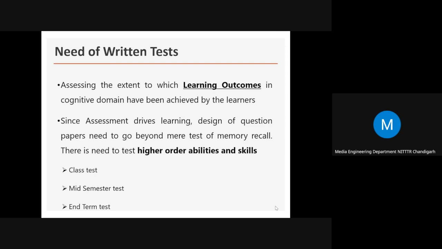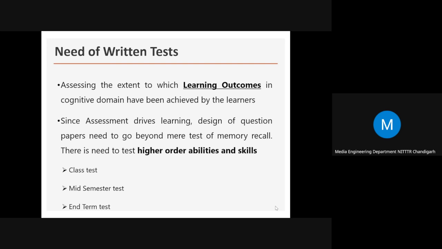As we say that assessment drives learning, the design of the question paper should be effective. It should go beyond a mere test of memory recall, so that students have a chance to show their higher skills also.